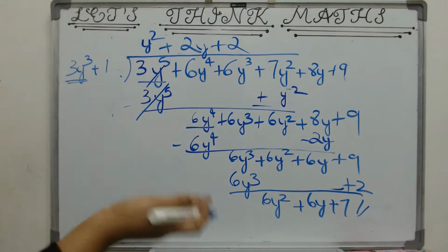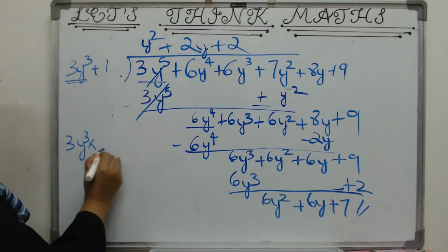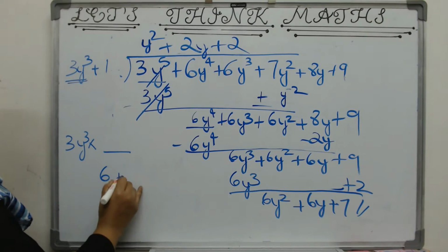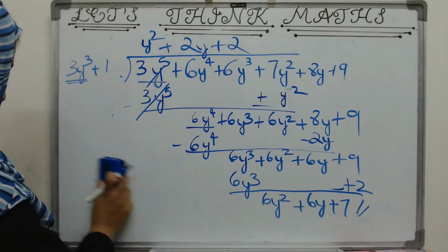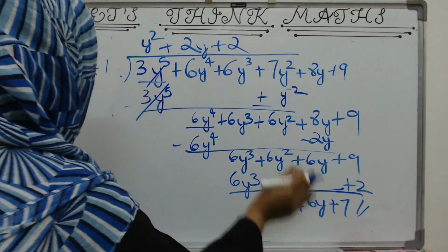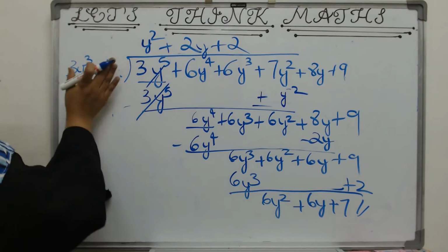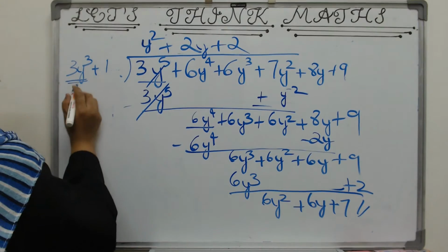Now, is there anything else you can do here? 3y cube into, there is no number which can give you a y square, right? So we will stop this division when we get an algebraic expression whose degree is less than the degree of the divisor. What is the degree of the divisor?